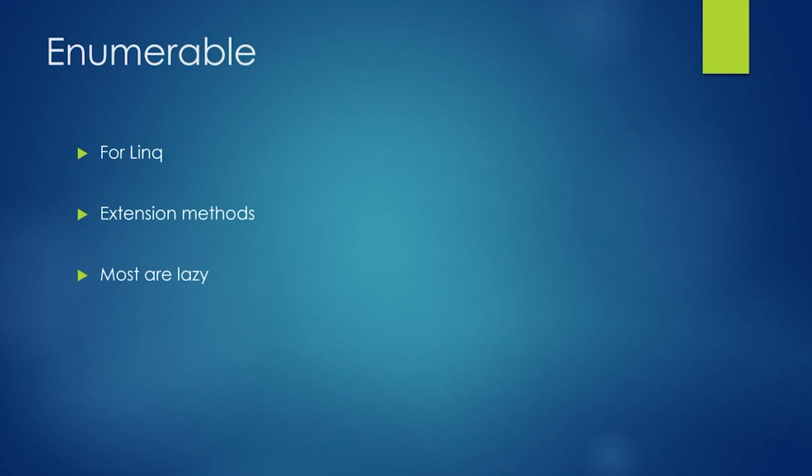A couple of the useful extensions in Enumerable are the ability to cast and filter based on type. You normally do this when you're presented with an IEnumerable, so a non-generic collection type, and you need to turn that into a generic version of that IEnumerable. So you call Cast, and that will change every item into the type specified.